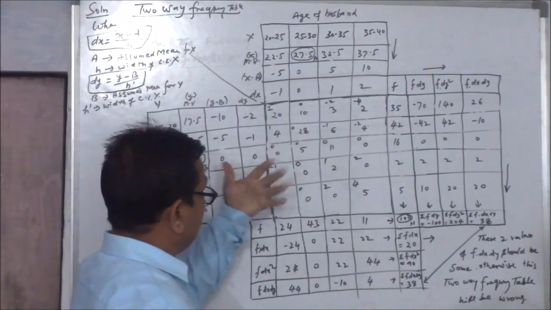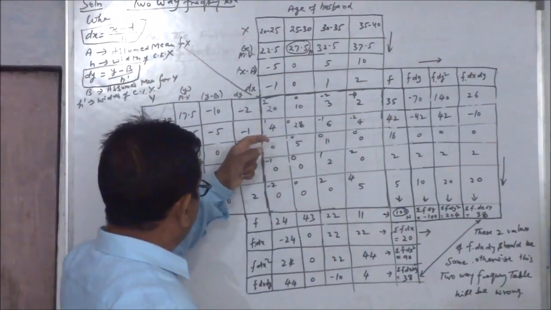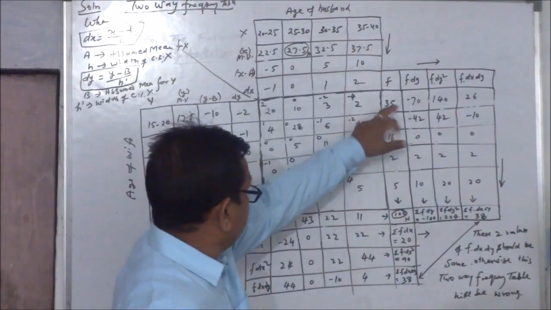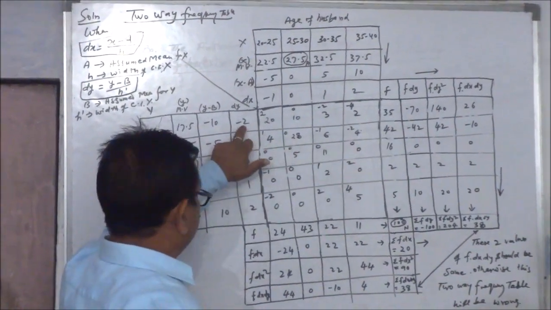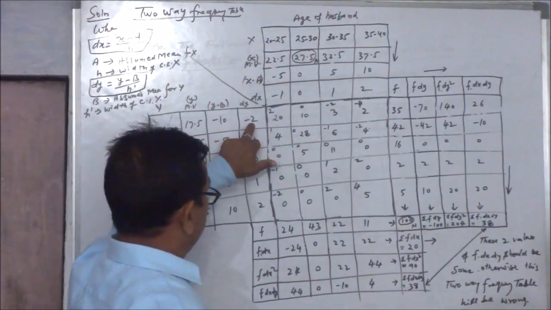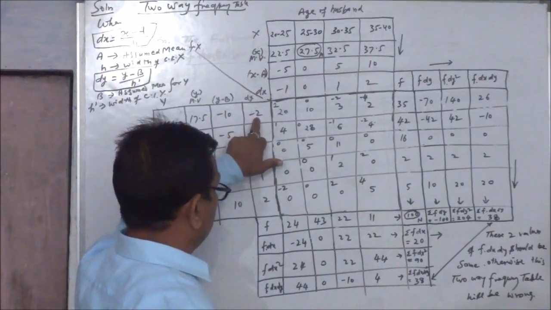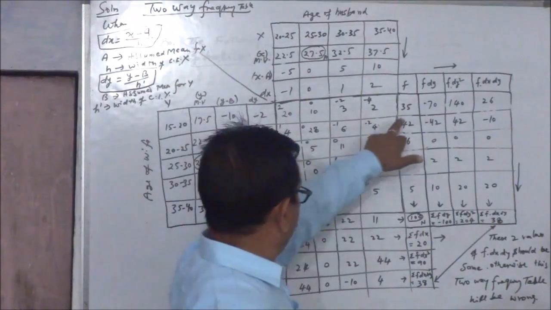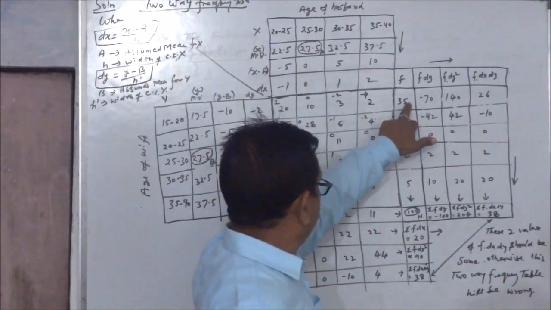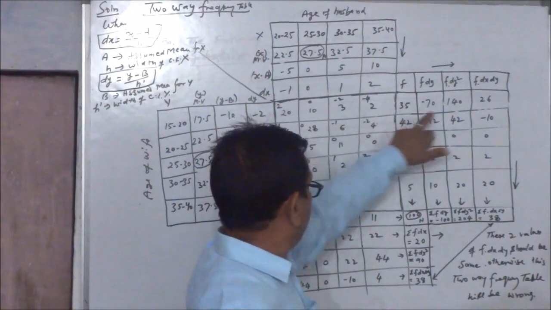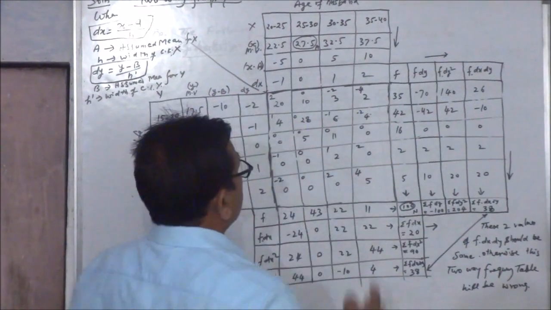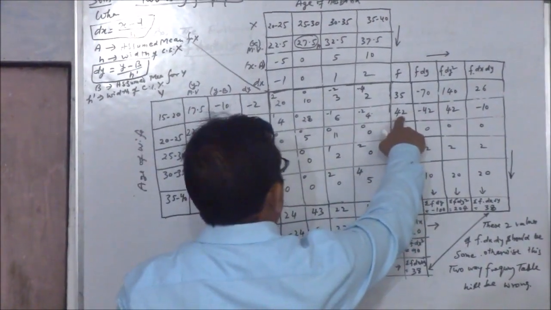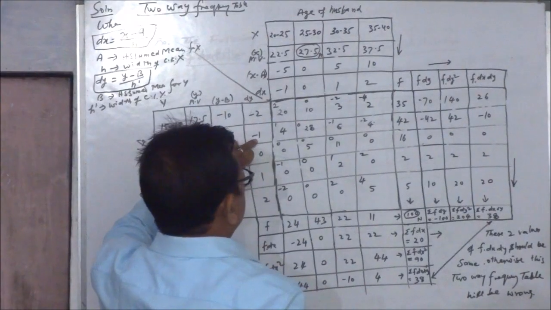Now I will explain how we will calculate f dy square. f is 35 in this case, but dy is minus 2. You need dy square, it will be minus 2 whole square, this is 4. So you will multiply this 4 with 35. So 35 into 4 will be 140. Similarly, f is 42 and dy is minus 1.